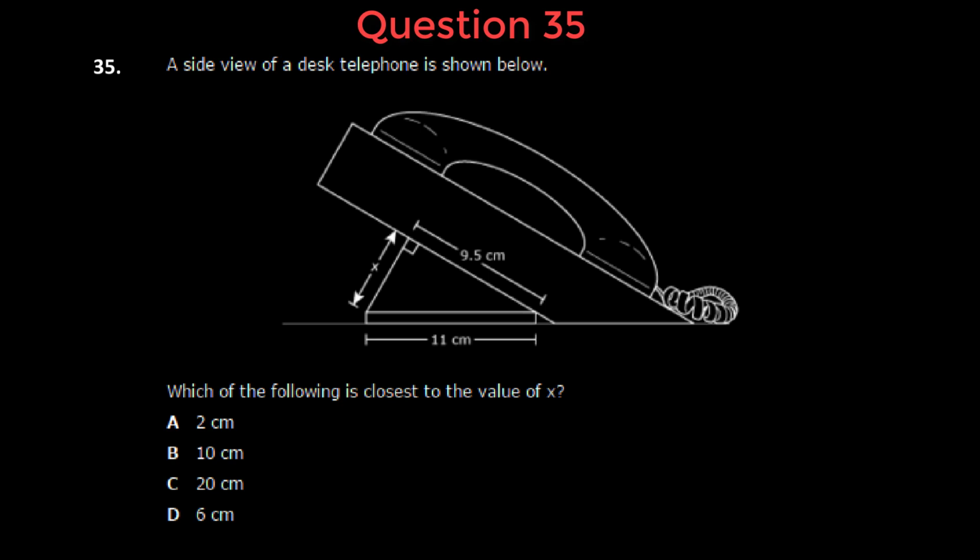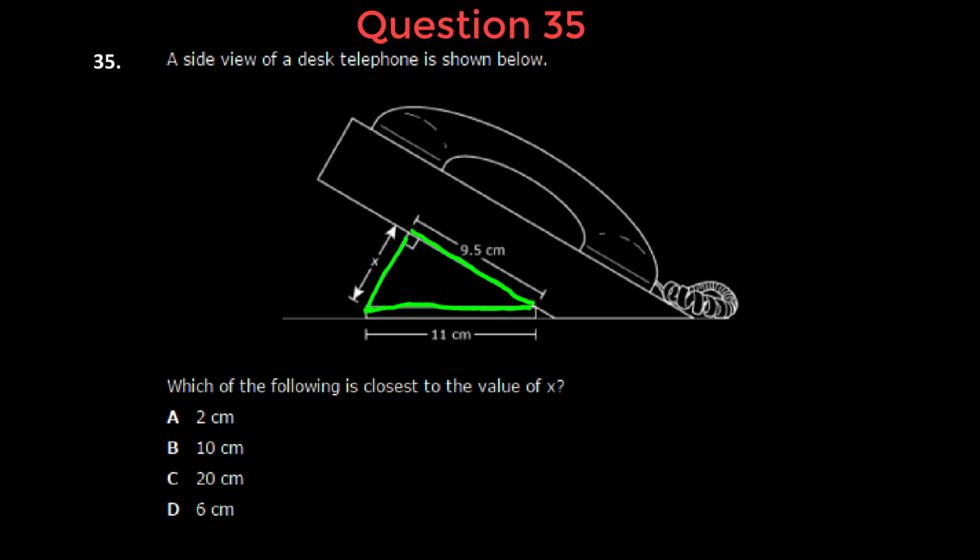Question number 35. In this question, we're asked to find a side length of a right triangle. On this triangle, 11 is the longest side, it's the hypotenuse here. So it's going to be alone on one side of the equation and the other two sides added together. Squares of these sides need to be added together.